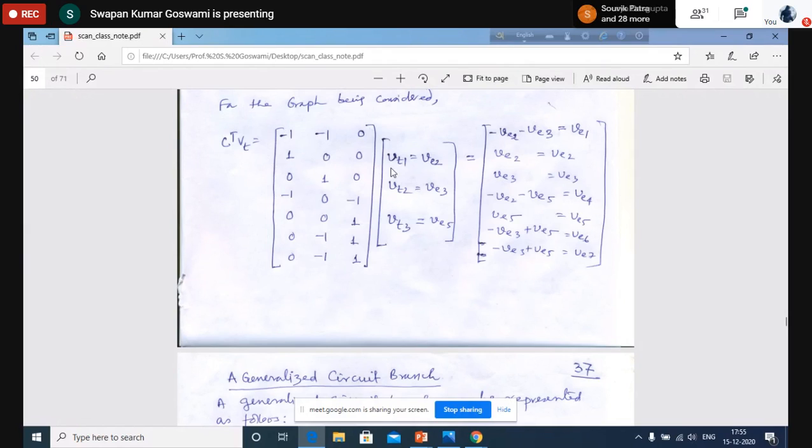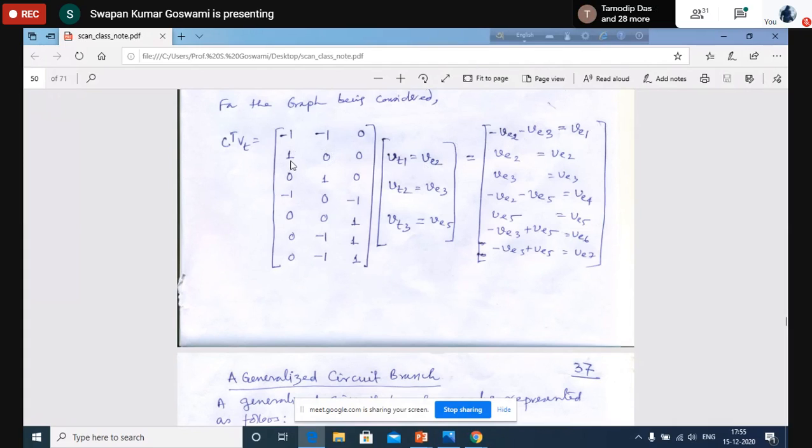So if you multiply, obviously in the result there will be 7 elements, corresponding to the 7 elements of the graph. This voltage vector has 7 elements corresponding to 7 elements of the graph. So what are the products? It is minus VE2 minus VE3.